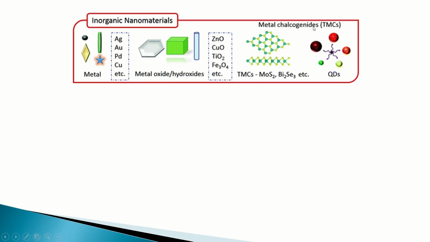Chalcogenides are compounds in which the compound is made of oxygen family like sulfur, selenium. These are all oxygen group family. So metal chalcogenides are also obtained in the nano range.